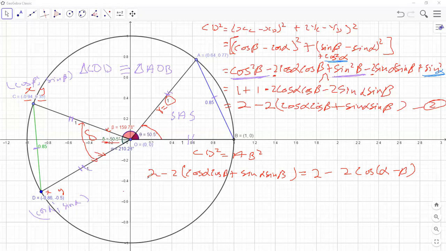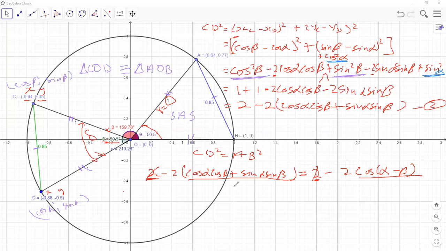Now, guys, you'll see 2 is positive here and 2 is positive here. If a number or a variable has the same sign on both sides of the equation, you know it's going to fall off when you take additive inverses. So this 2 falls off, and you are left with minus 2 of this thing equals minus 2 of that thing.